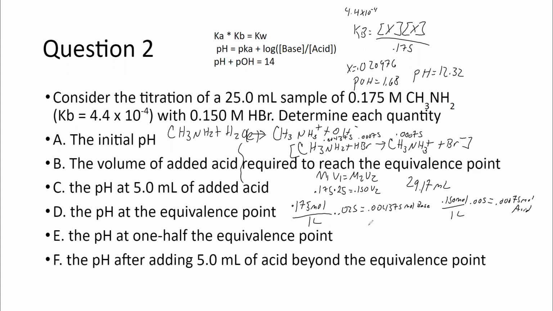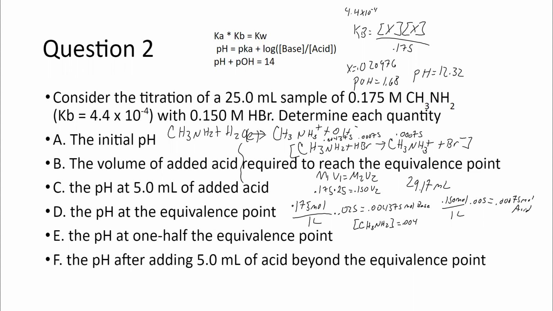After adding that acid, HBr will react completely with my base. So the number of moles of base I have left over is just 0.004375 minus 0.00075, which is 0.004. Oh, that's not quite right.